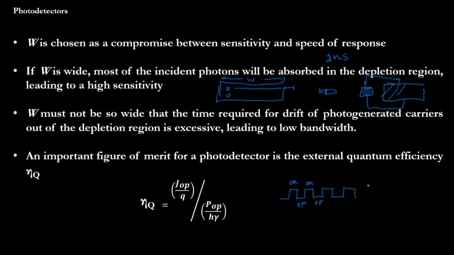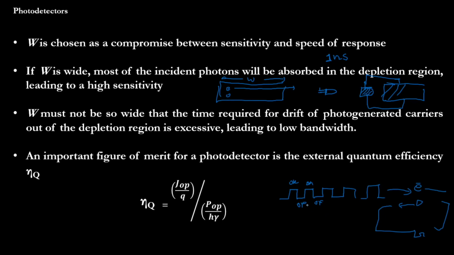One pulse is received by my device, an electron hole pair is created corresponding to that pulse, it is transported to the two sides, and externally we get a current and we measure one pulse. This should happen within half of a nanosecond, otherwise my device is going to fail to receive the next pulse. If this action takes more than 1 nanosecond, by the time the next pulse is definitely going to be missed.